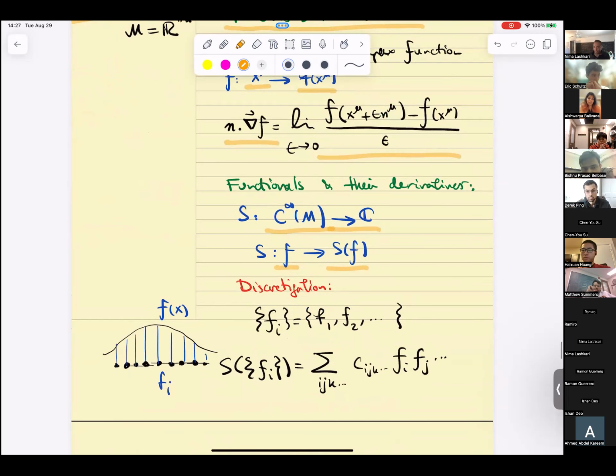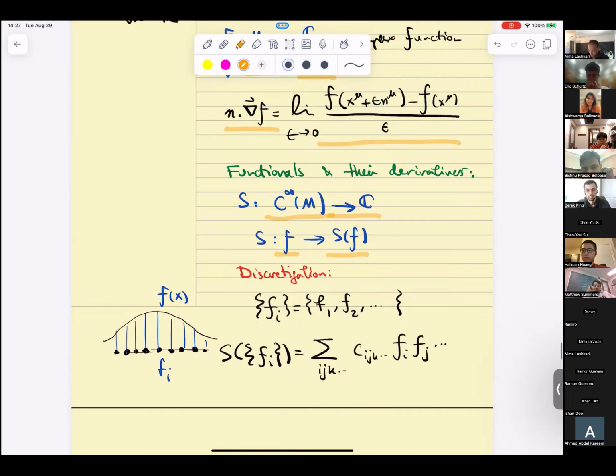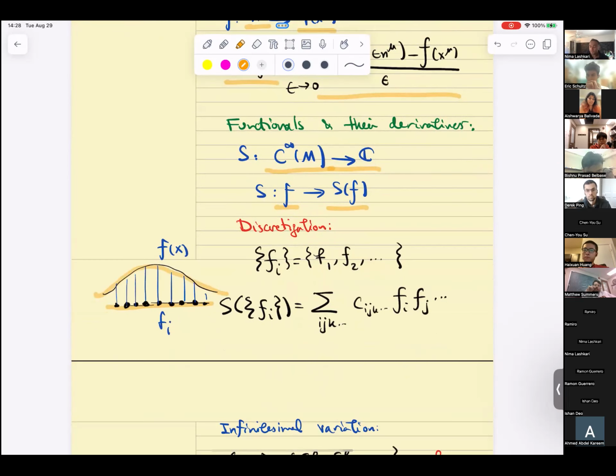To understand what exactly we are doing, it's helpful to discretize space so that we can relate the two stories. So f of x as a function over space-time, if my space were discrete, is just a collection of numbers: f1, f2, f3, where the index i labels the i-th point.